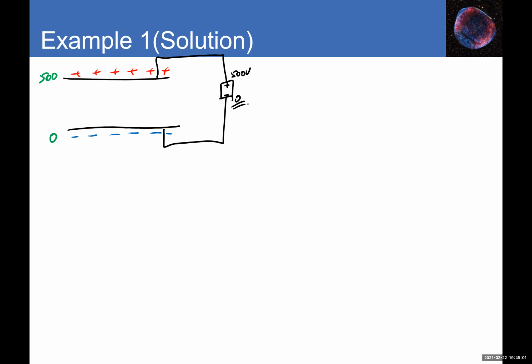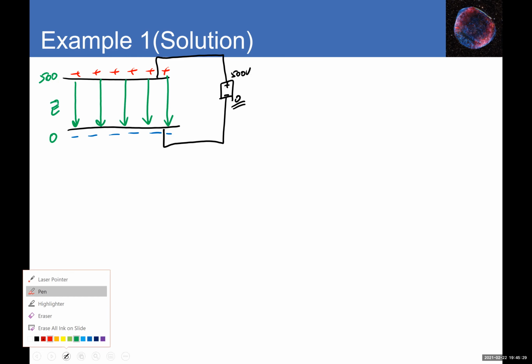That's why the top plate, which is the positive plate, is 500, and the bottom plate, which is negative, has a potential of 0. And remember, electric field always goes from positive to negative. So in this region, we're also going to have an electric field generally in this direction, like this.